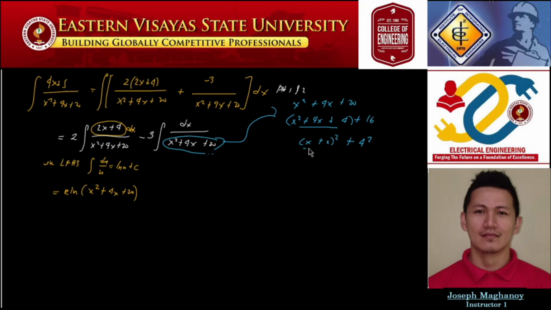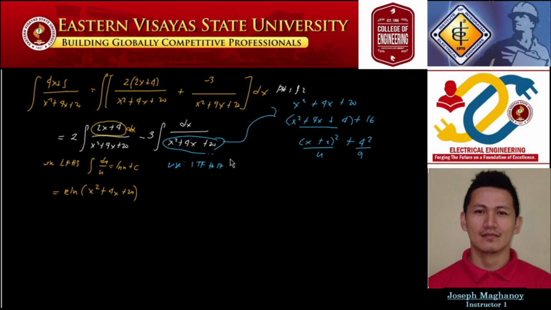So we already have our u and our a. So we can use our inverse trigonometric formula, number 17.